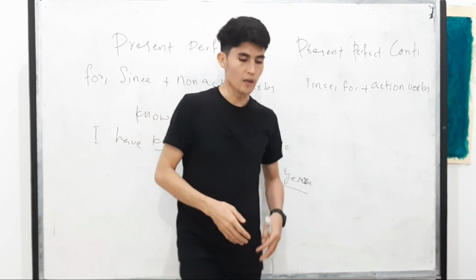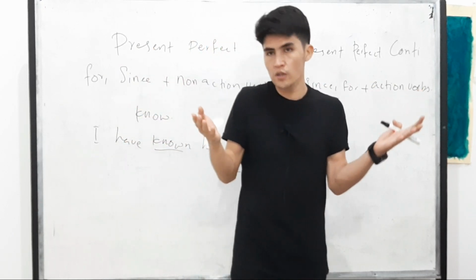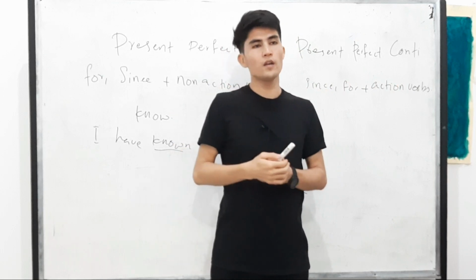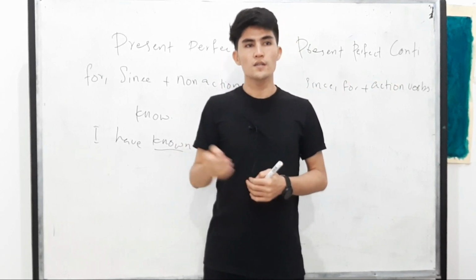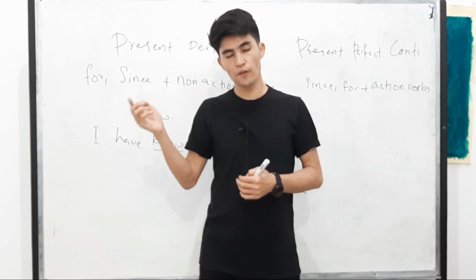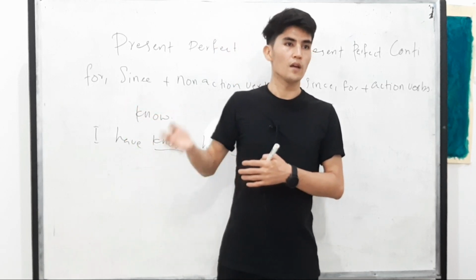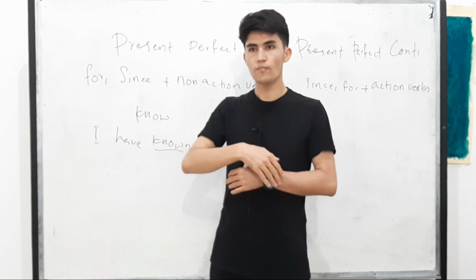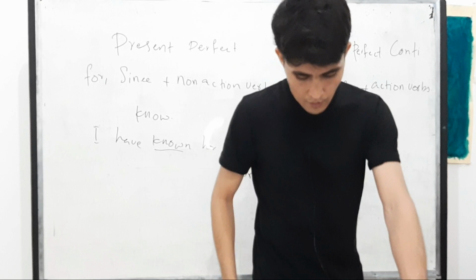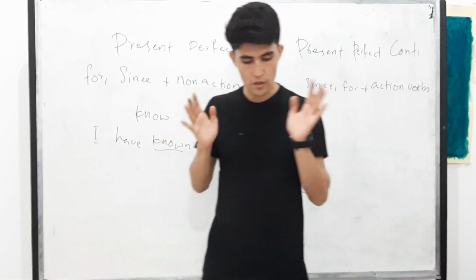Right? Okay, like our life in Indonesia. We have been living in Indonesia since 2015. It means our life started from 2015 and it is still continuing here in Indonesia. Understood? Yes. Now, if you have got any question, just go ahead.